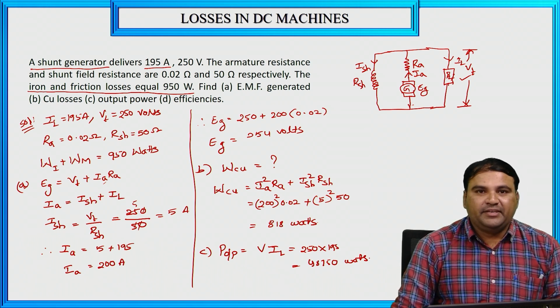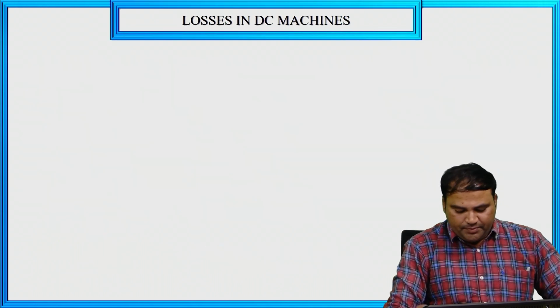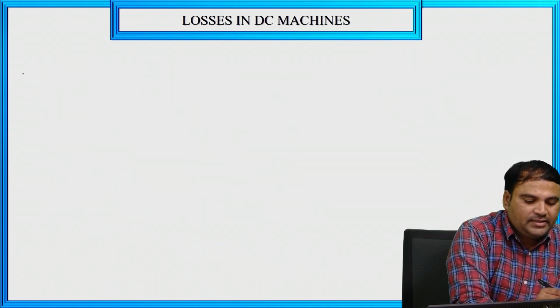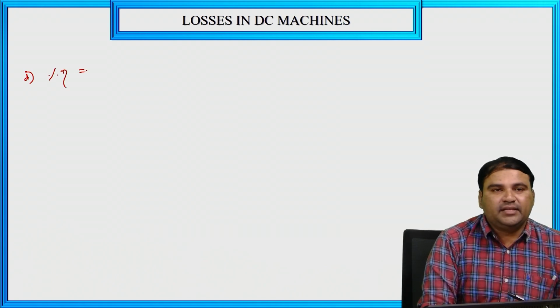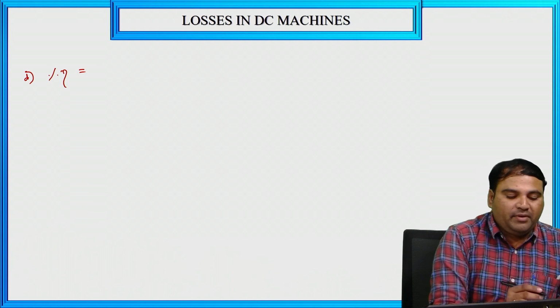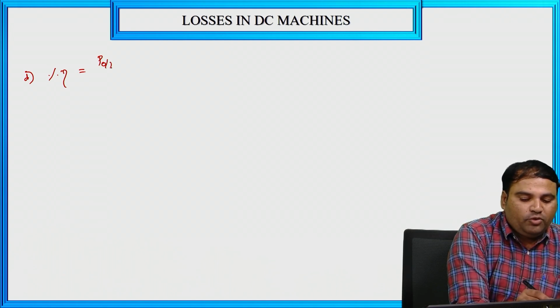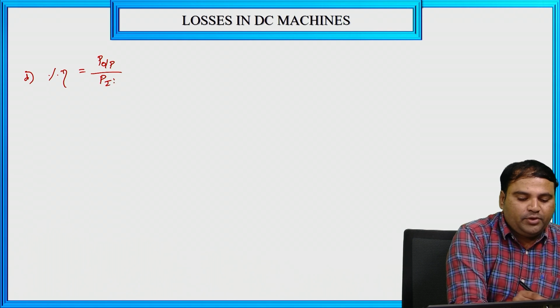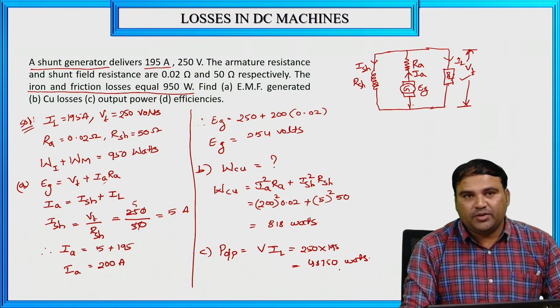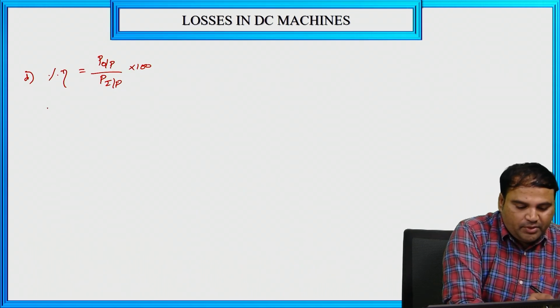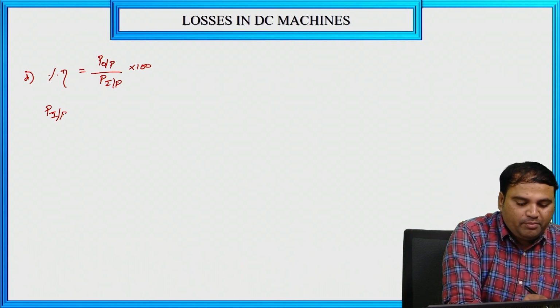And the last bit is efficiency. We have to find out the percentage efficiency. Efficiency is defined as the ratio of the output power and input power, so P output divided by P input into 100. Already we have the output power, that is 48750 watts. Now we have to find out the input power. Input power equal to output power plus losses.